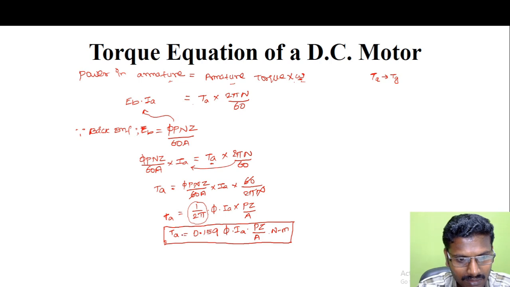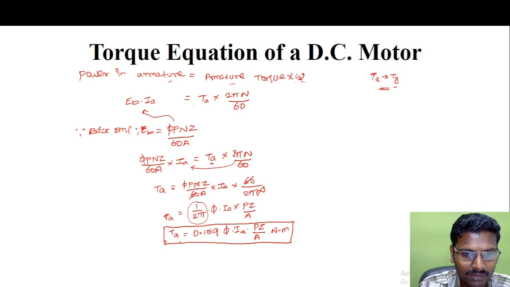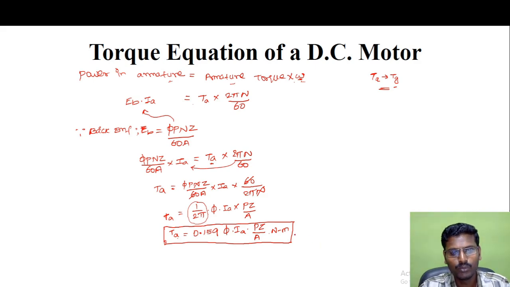The armature torque is equal to the gross torque, the total torque developed in the DC motor. TA is equal to 0.159 φ IA PZ by A, where φ is flux, IA is armature current, P is number of poles, Z is number of armature conductors, and A is number of parallel paths. So torque depends on flux, armature current, number of poles, armature conductors, and parallel paths.